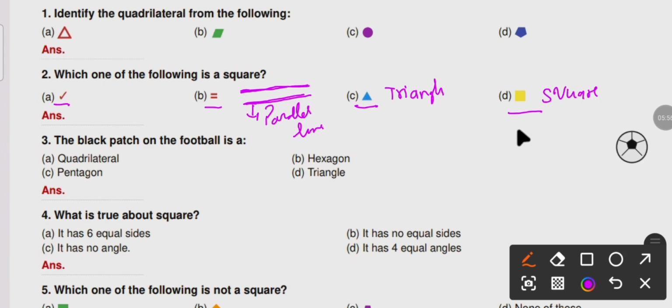Why? Because it has 4 equal sides, 4 corners. That's why it is a square. So right option is D option.